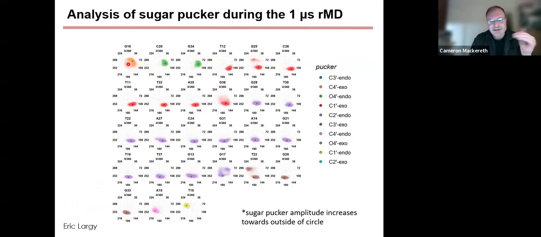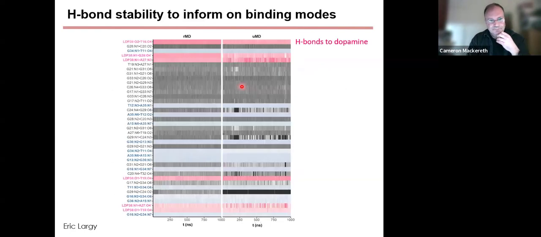The center is basically a flat sugar, and the edge is the highest amplitude of the particular dihedral angles of that sugar. So most of them are typical for DNA, C2' endo, but you can see that there are some other relatively unusual sugar puckers as well, related to the fact that the DNA does a lot of complicated architecture.